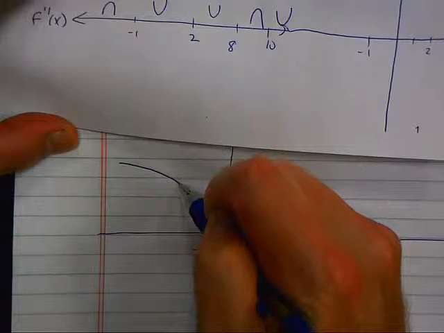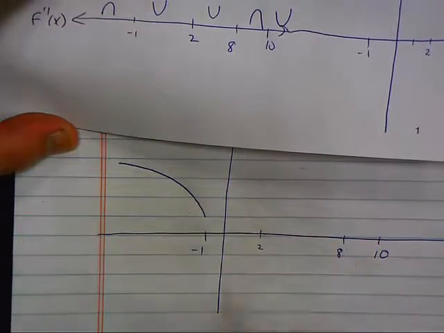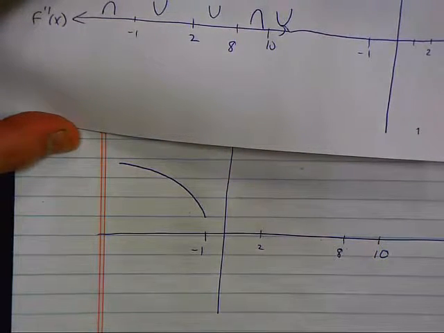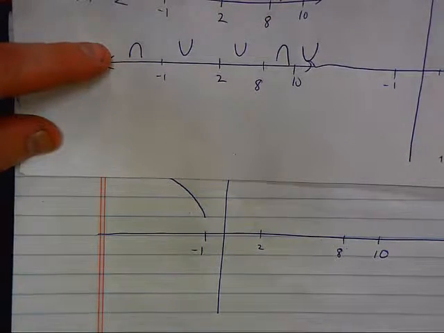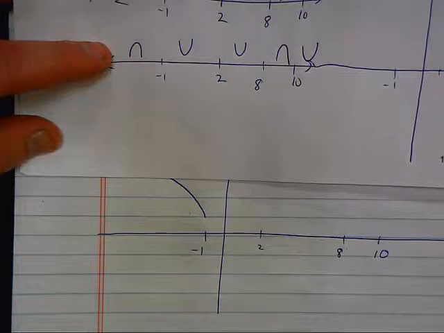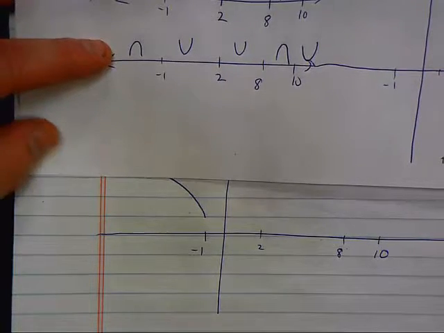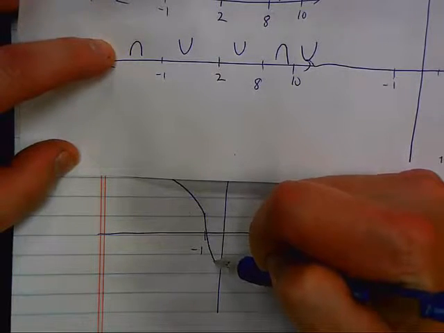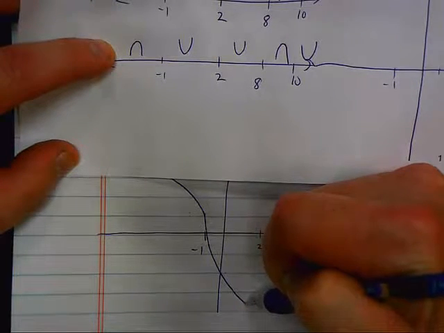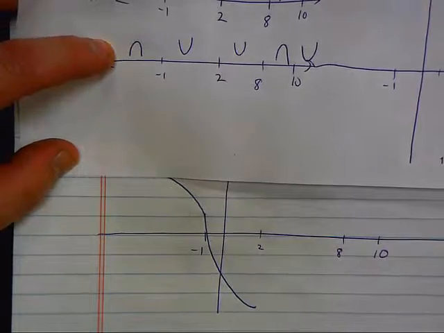And then what happens at x equals -1? It continues to be decreasing, doesn't it? So it's going to continue to go down, but it's going to start to look like a regular old parabola. And it keeps going down and down and down until I get to x equals 2.